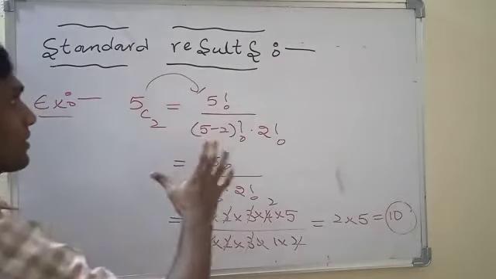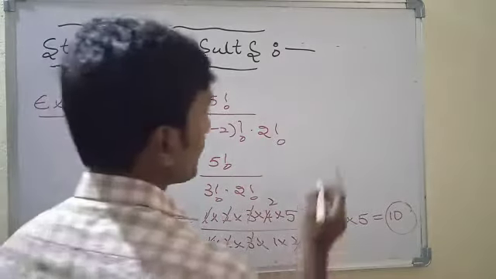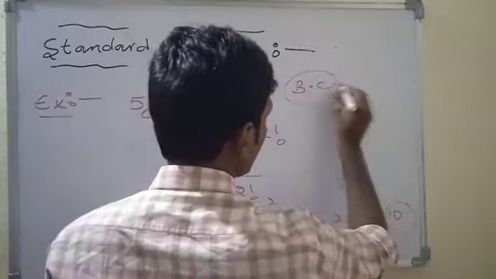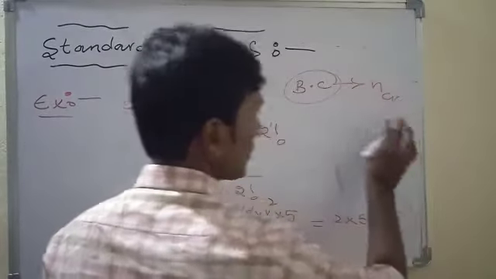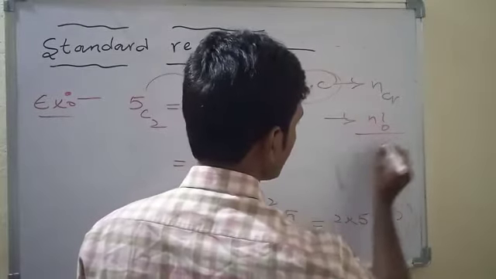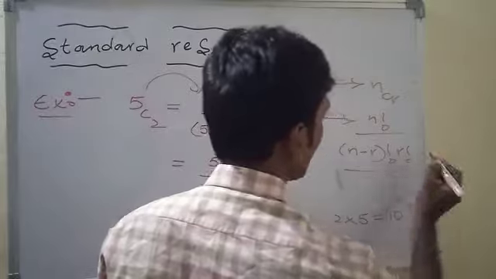So this is the process for finding the value of a binomial coefficient. It is in the form of nCr. Wherever a binomial coefficient is in the form of nCr, for finding its value, apply the formula n factorial by n minus r factorial into r factorial.